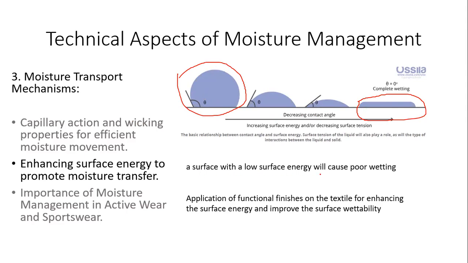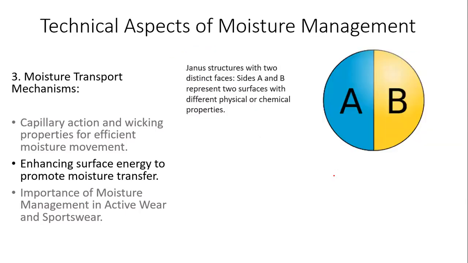So a surface with a lower surface energy will cause poor wetting, and application of functional finishes onto the textile allows more moisture spreading. Sometimes you can see water spots. If you can see the water spot, that means you have areas of water loving and water hating areas. So in such cases, we can apply functional finishes which can spread the moisture. Sometimes you improve it structurally, but of course, you may need functional finishes as well, which will enhance the moisture spreading.